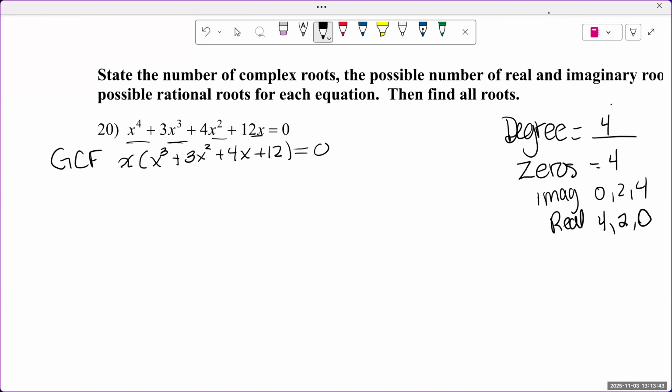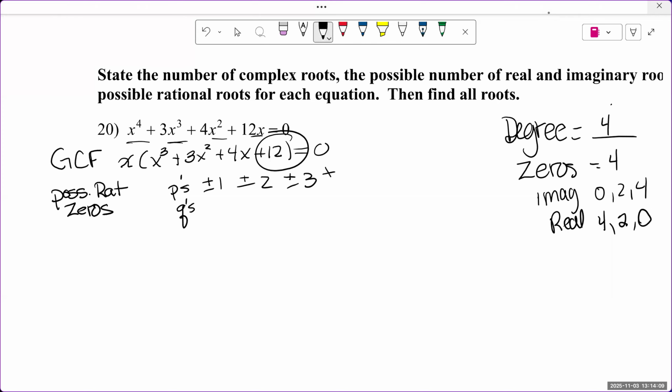Okay, now let's find the possible rational zeros. That's the p's over q's. The p's are the factors of 12: plus or minus 1, plus or minus 2, plus or minus 3, plus or minus 4, plus or minus 6, plus or minus 12. Whew, that's a lot.